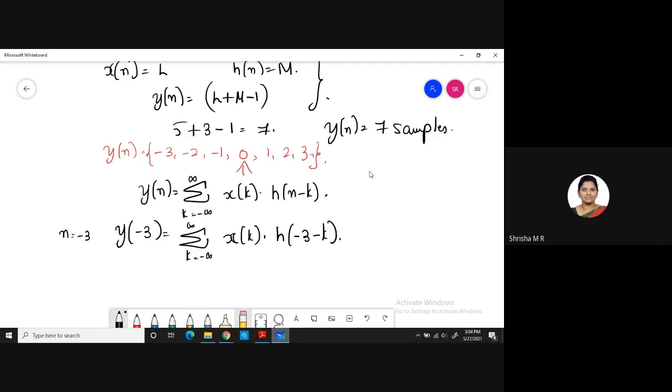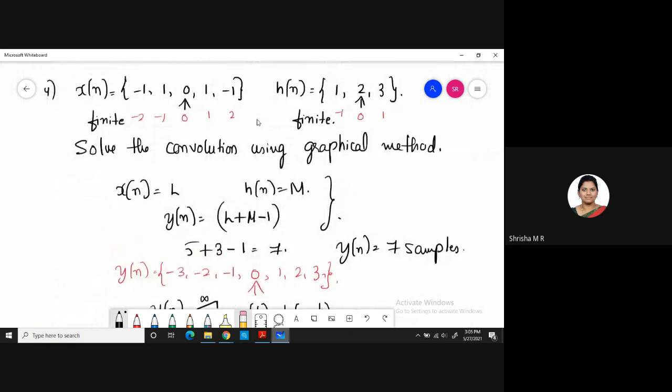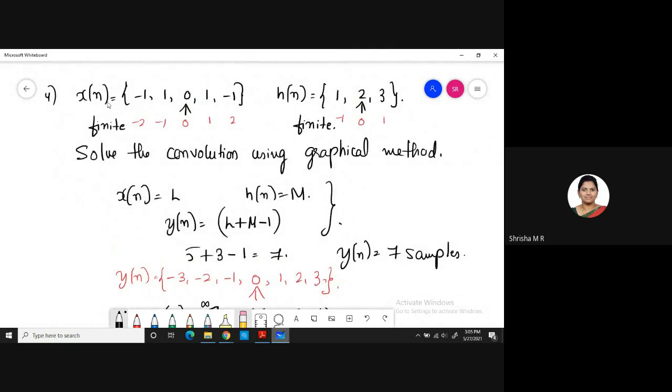This is our convolution sum equation. I am putting n equal to -3. So y of -3 is equal to summation k equal to -infinity to infinity x of k into h of -3 minus k. Now plot these values, x of k and h of -3 minus k. Okay, what is x of k? This is your x of k or x of n.